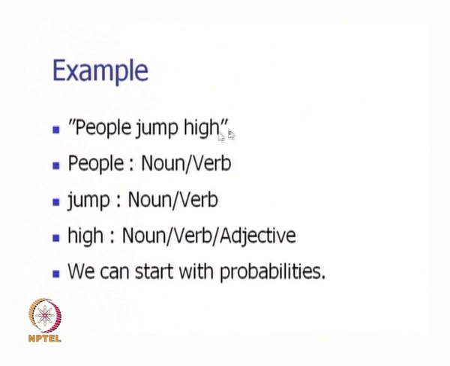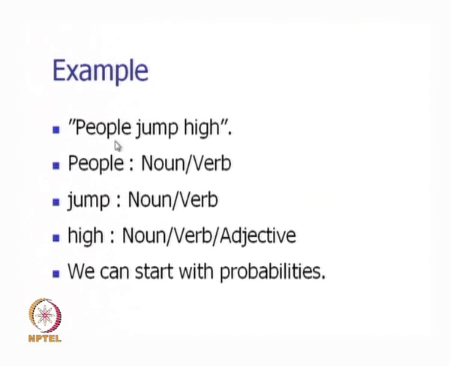People jump high is a sentence. People can be noun or verb. Jump also can be noun or verb. High can be noun, verb, adjective. And we actually start with probabilities. So, people jump high will finally get this label.